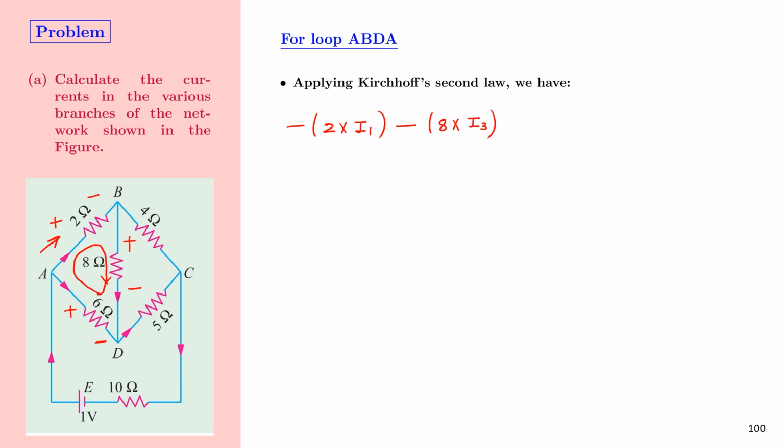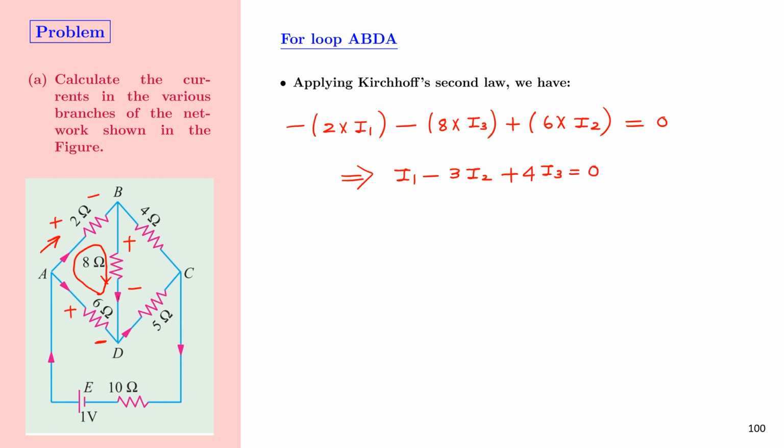And as we move from D to A, we see a potential rise, and therefore this is 6 multiplied by I2, and this is equal to 0. From this we get the first equation, I1 minus 3I2 plus 4I3 equal to 0.